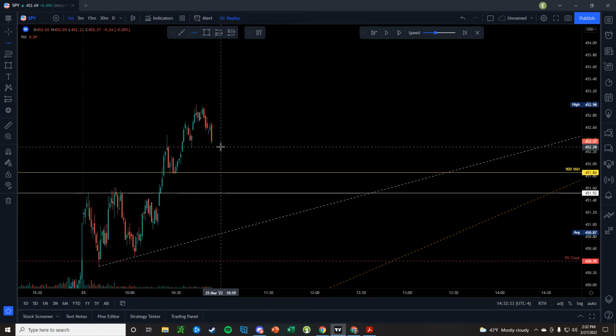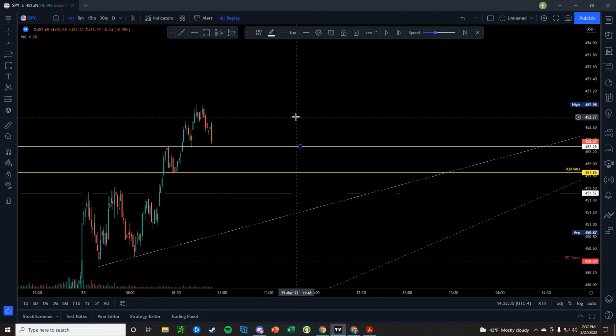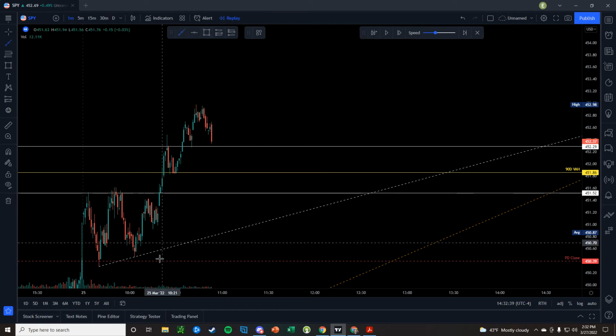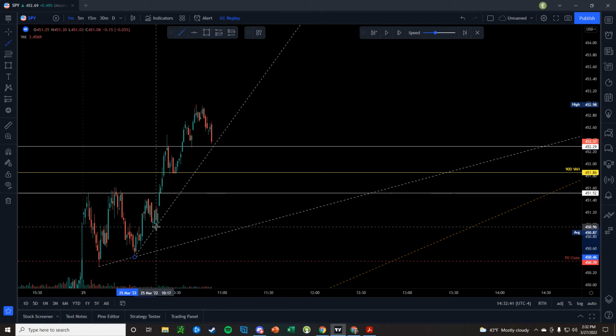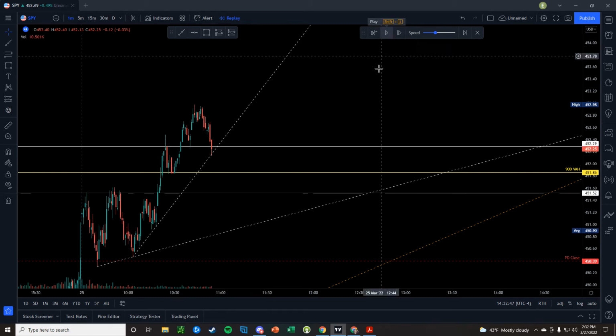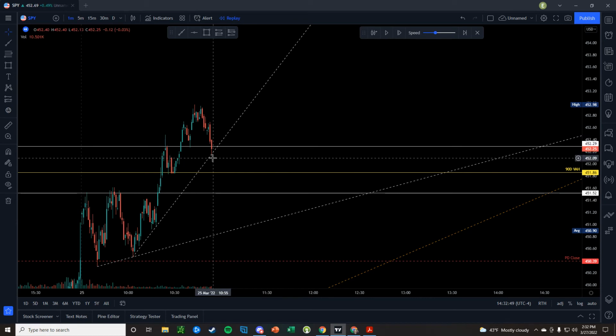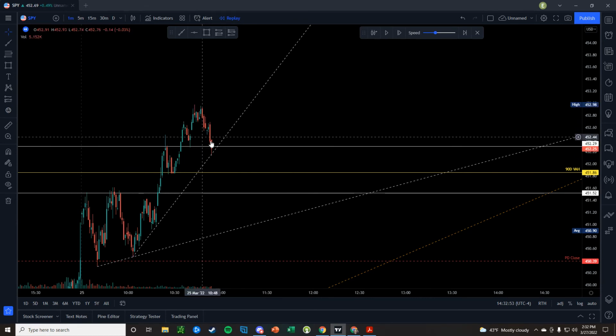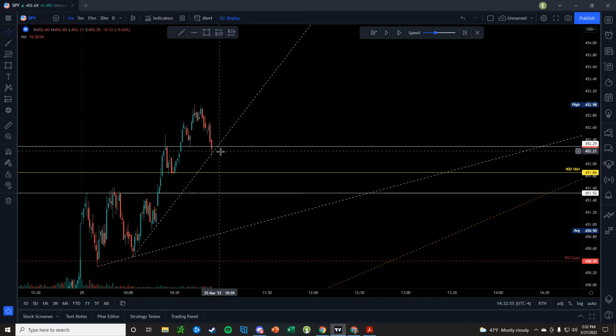Remember, structure evolves as the day goes, so we want to make sure we're staying on top of this. Okay, our first significant break. We've hit a high, and now it looks like we are seeking out a new low.